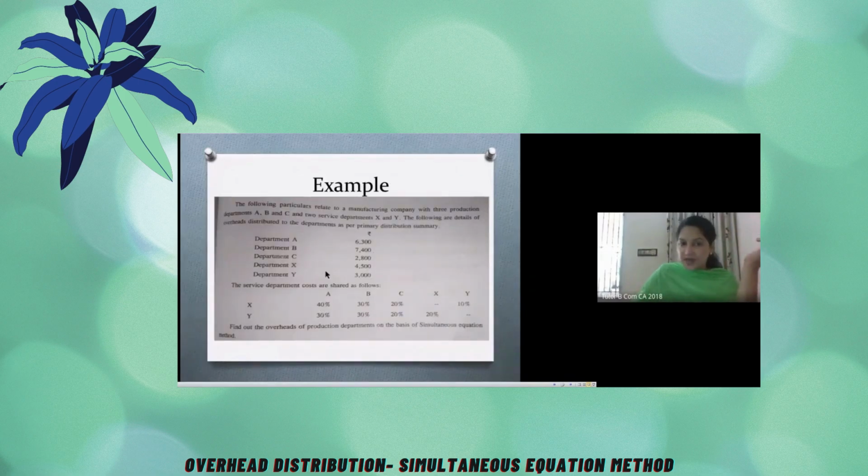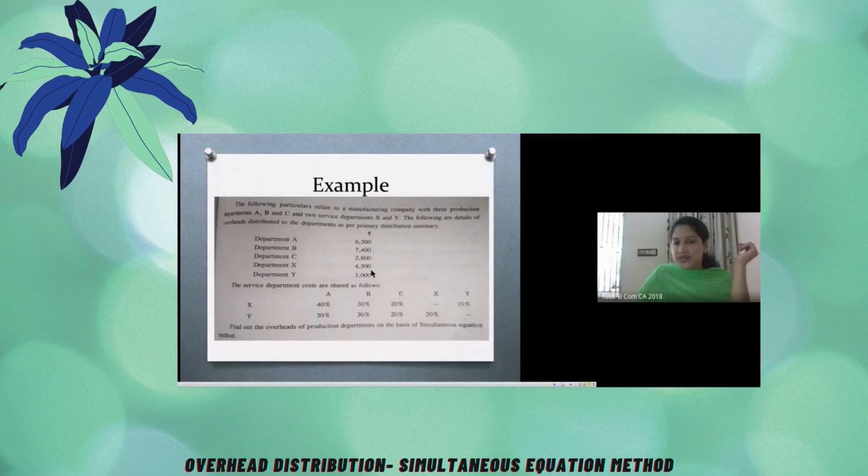They are sharing with departments X, Y, A, B, and C. X department's expense is reapportioned to A, B, C as well as to service department Y. Y service department's expense is apportioned to departments A, B, C and X. So we are using this part, X and Y, for our algebraic equation.